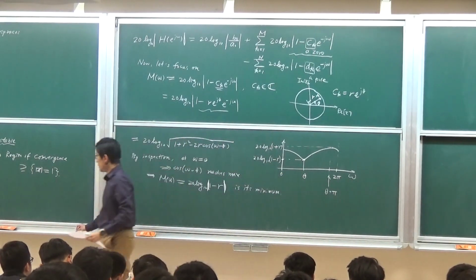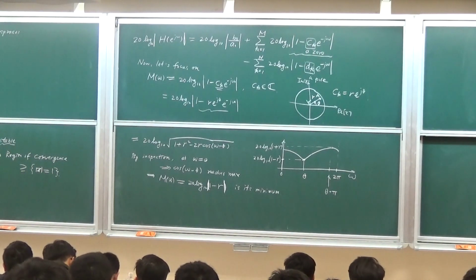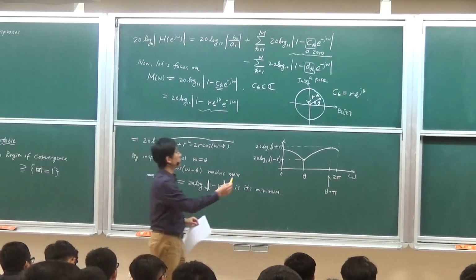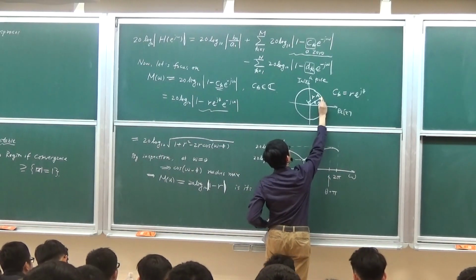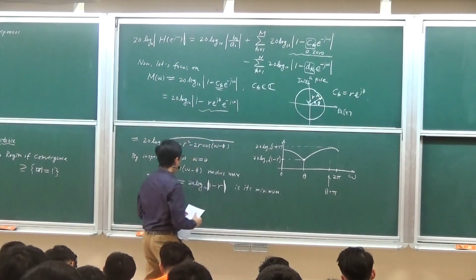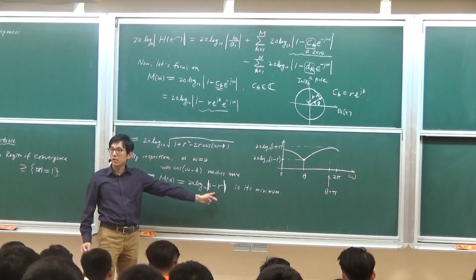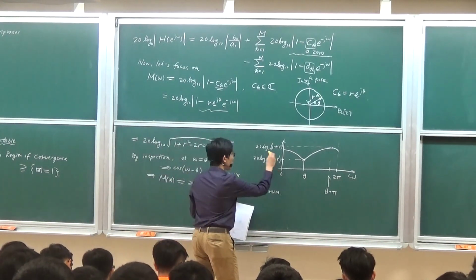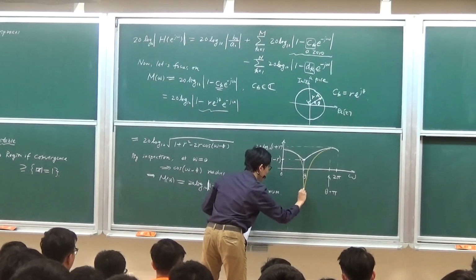Let me say that again. The closer we push the zero toward the unit circle, the closer 1 minus r is to 0. So taking log 10, it can reach minus infinity.